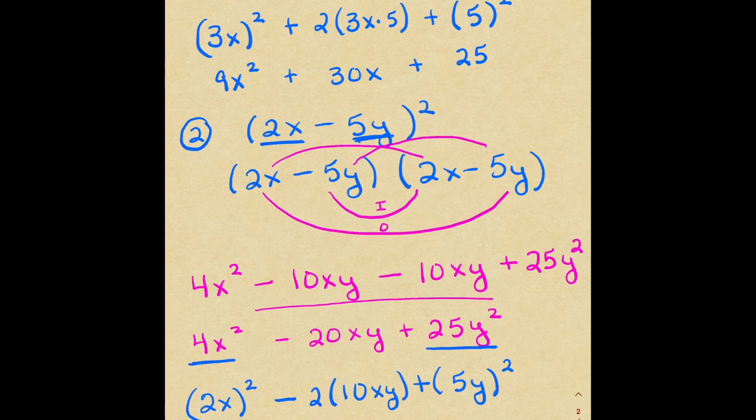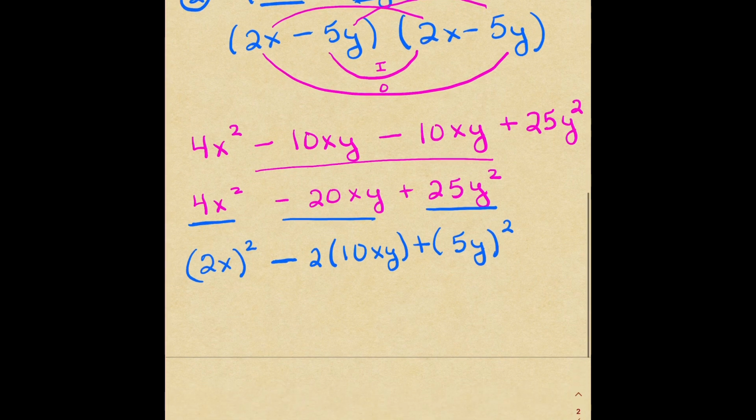And I just remember that because I'm adding those together, they're going to be negative, and so I'm going to have minus 20xy. So you can see this pattern happening. You can practice it. You can reinforce it by just using FOIL.